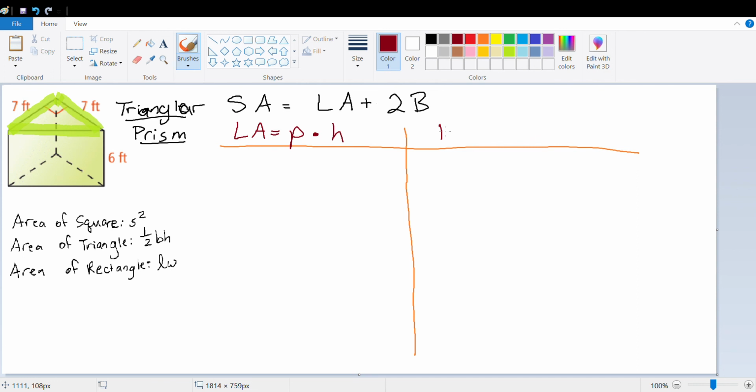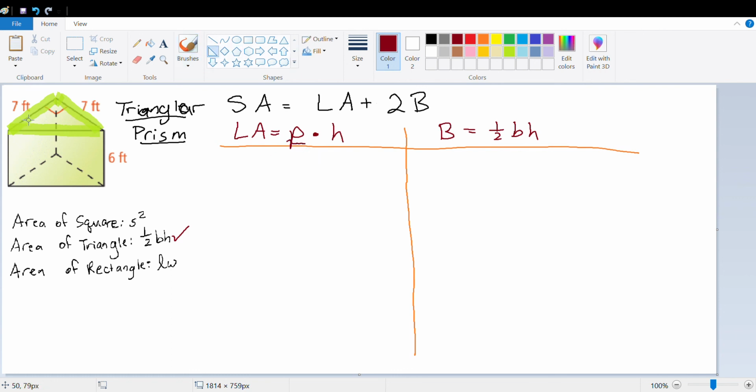And your base, since it's a triangle this time, I'm going to be using this one right over here. So the base area is going to be 1/2 base times height. Okay. All right. So let's start with our perimeter, right? Our lateral area. So before we can find the lateral area, we've got to find the perimeter.